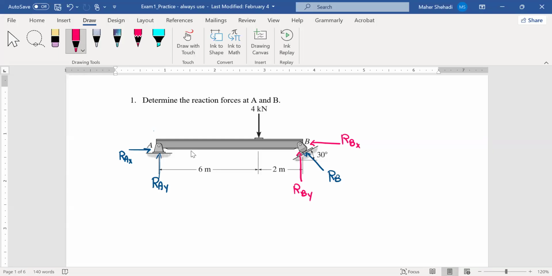Why? Because I have RB that's a result mainly due to RBY, but because it's inclined, it's also going to give me an RBX, and we're going to see it. But now the question is, it seems I have 1, 2, 3, 4. No, those two, RBX and RBY, are functions of RB.